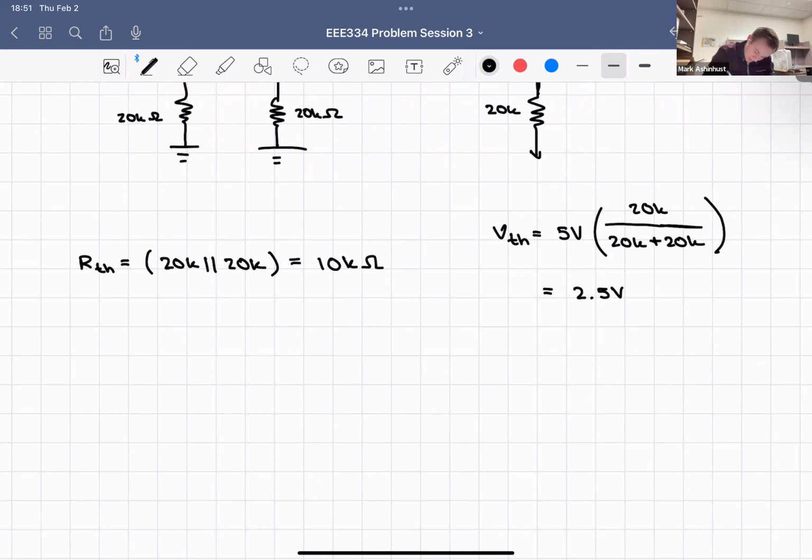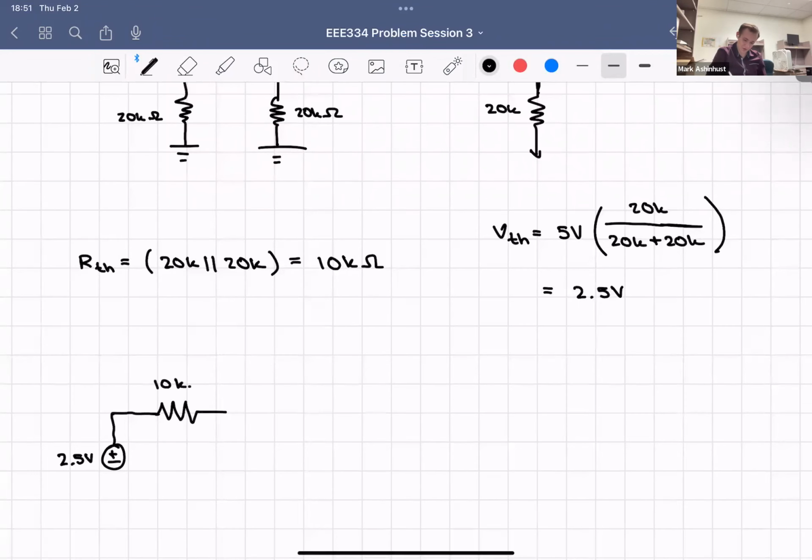excuse me, we have ITH, we have positive, negative, and we have our 2.5 volts. Go out here, we got to keep that diode in here. So then we're going to have our R Thevenin of 10K. We have our diode, and then we drag this to ground.